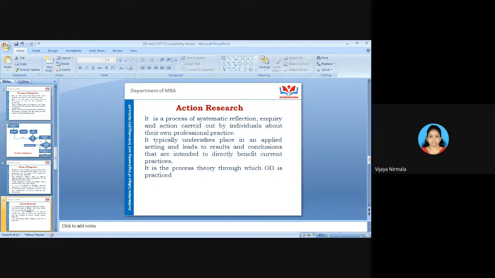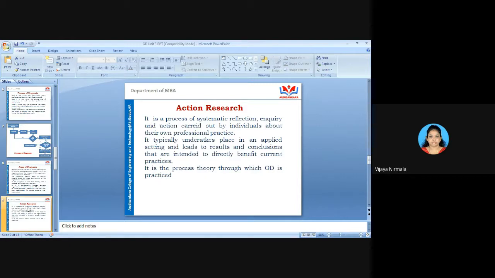Action in terms of terminology means change and improvement, whereas research is understanding the knowledge. So these action and research are to be achieved at the same time. So then we call it action research.